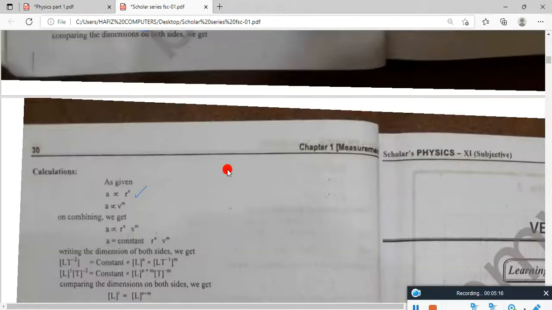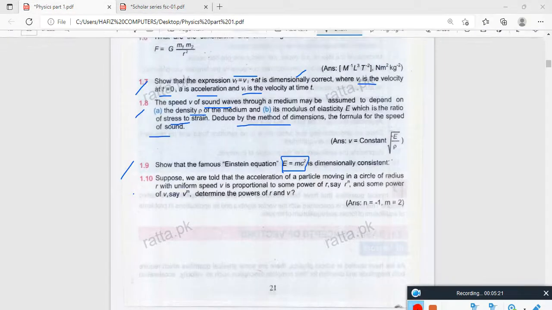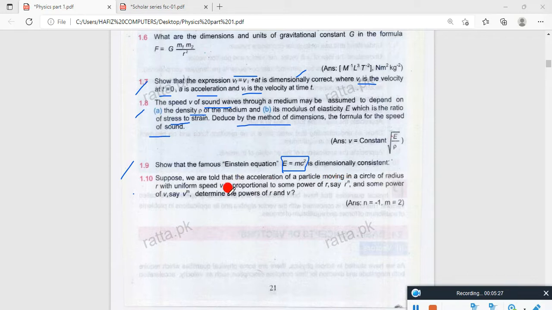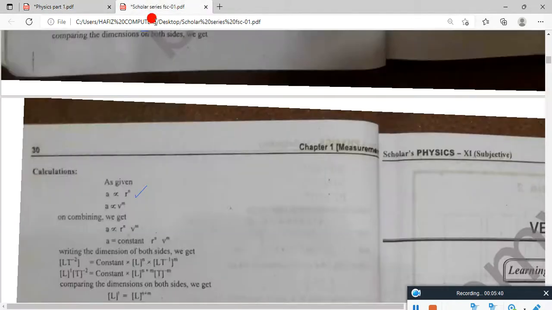So the next problem is: suppose we are told that the acceleration of a particle moving in a circle of radius r with uniform velocity v is proportional to some power of r, say r raised to the power n, and some power of v, v raised to the power m. We have to determine the powers of r and v.